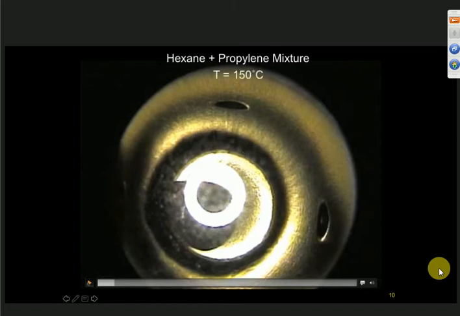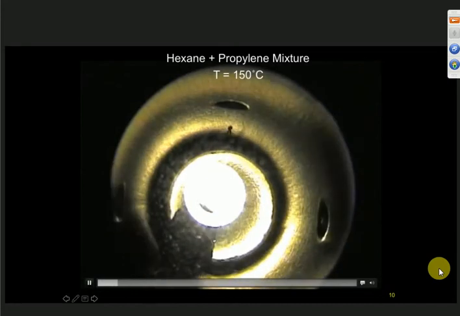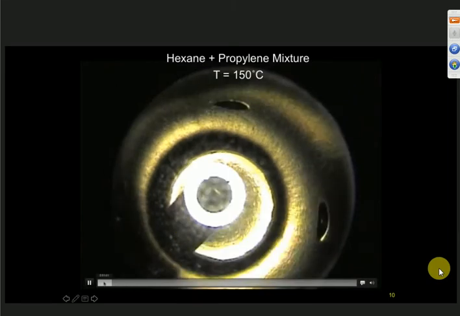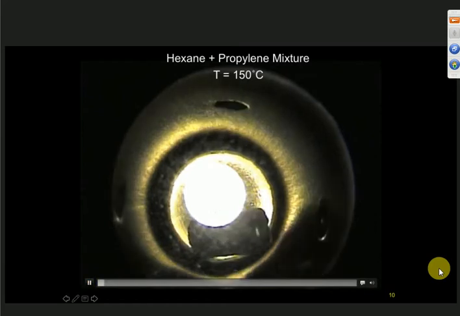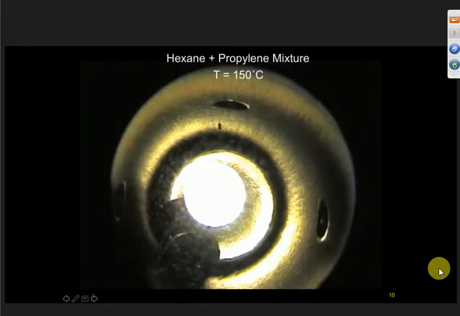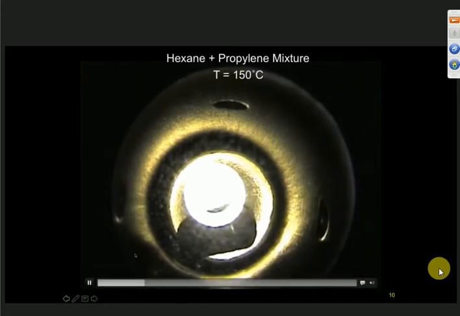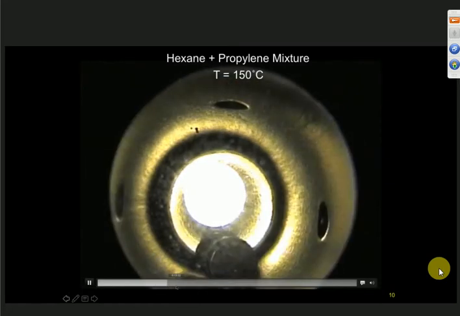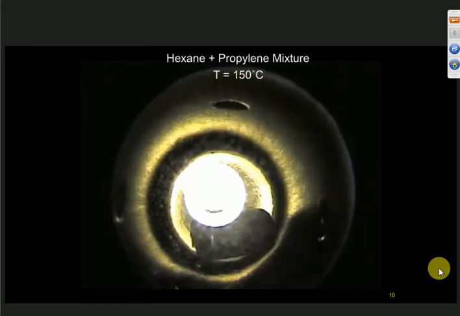Then, as you see here, there is a bubble. Let me go back. This is a single phase. So you start out in a single phase, and you slowly drop the pressure. As you drop the pressure, you hit the bubble point. So you saw the single bubble. Then as you keep on dropping the pressure, you get more and more bubbles. That means you're going deeper into the vapor liquid region.